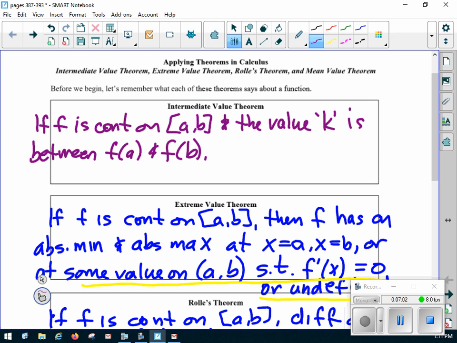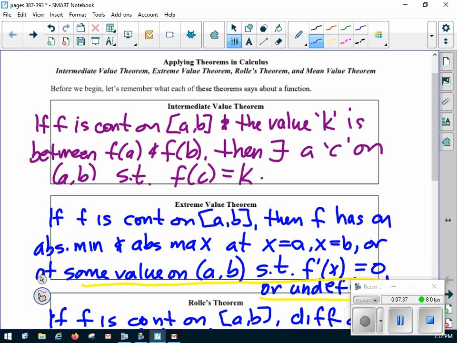This value k would be between his height in the 6th grade and his height in the 12th grade, okay? So in this case, maybe it was 6 feet. If the value of 6 feet is between 5 feet 6 and 6 feet 1, then there exists a c on the open interval a to b such that f of c equals k. Just remember, that's the height one.